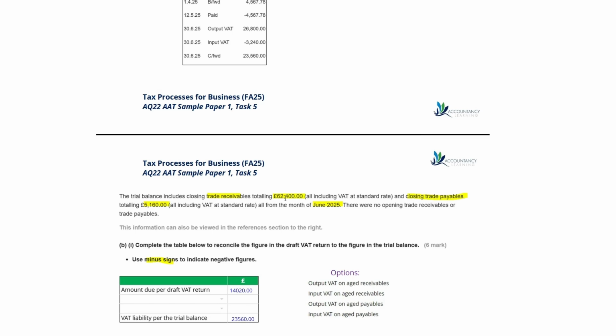And we can work out what the VAT would be on that, which comes out at 10,400. So that's our VAT amount. For the trade payables, again, it's VAT inclusive, so we can work out the VAT on the 5,160, which is the VAT on the trade payables.